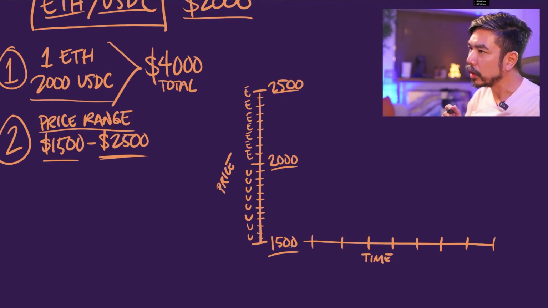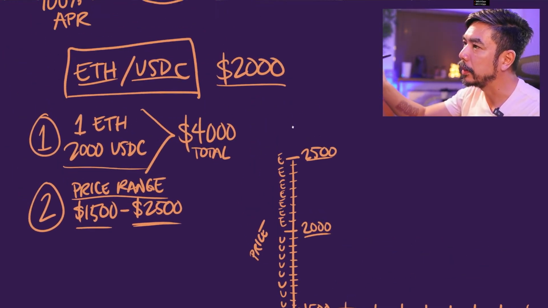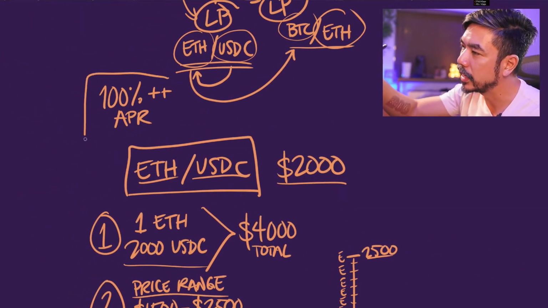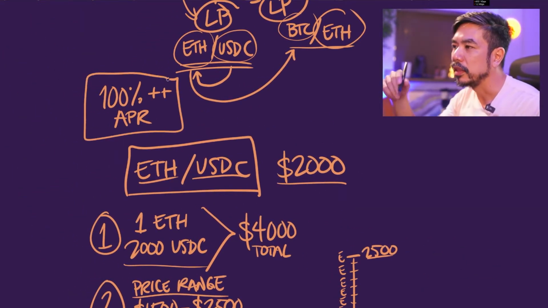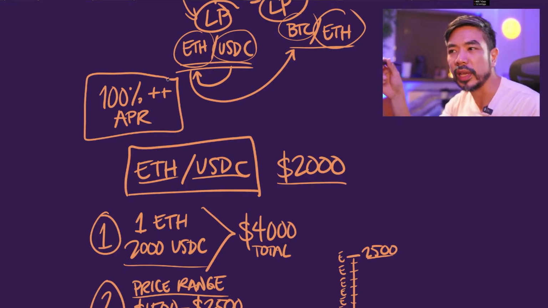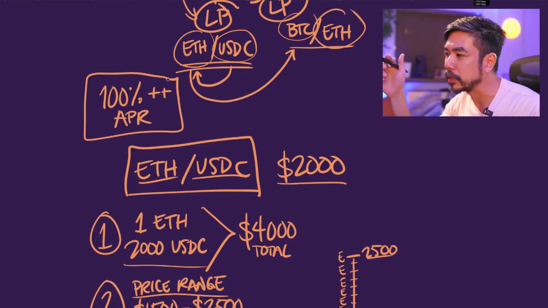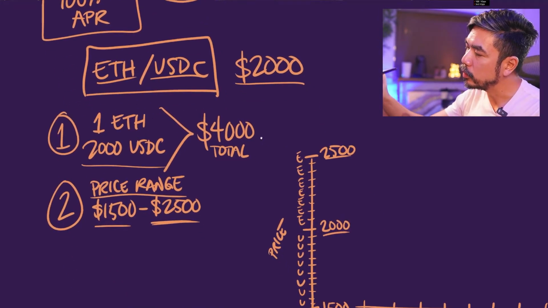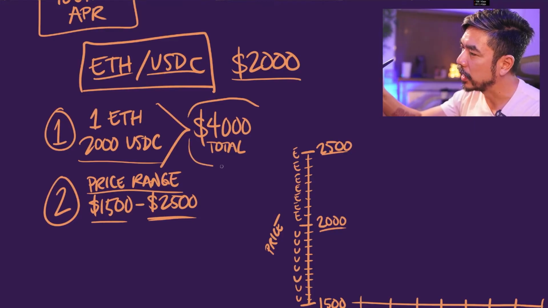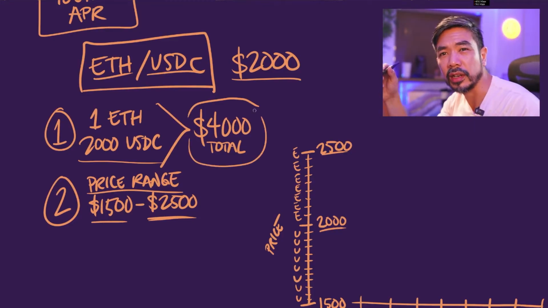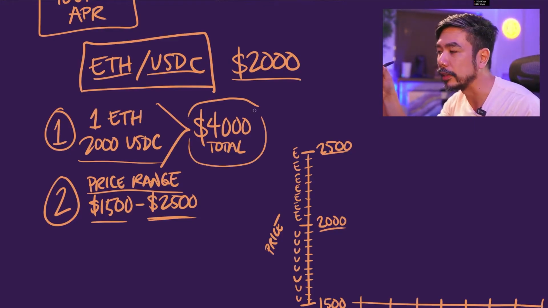Now, one of the other key areas of our example was that in most cases, these popular pools will usually have 100% APR or more. I'm going to use 100% as my target APR just for the purposes of this example. Remember that we had $4,000 as our USD equivalent total.